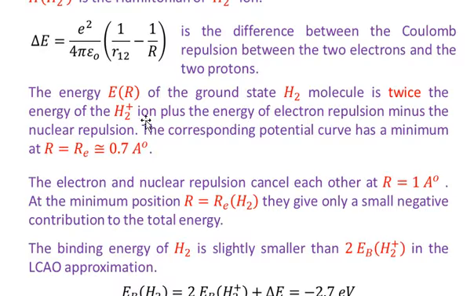And you know that the total energy I have defined as E of R, which is the potential energy term which varies with the distance R. But when we are talking about the binding energy, then of course we are talking about the value of E at R is equal to RE. So E of R at R is equal to RE will give you the binding energy. Otherwise, this equation will represent the potential energy curve.